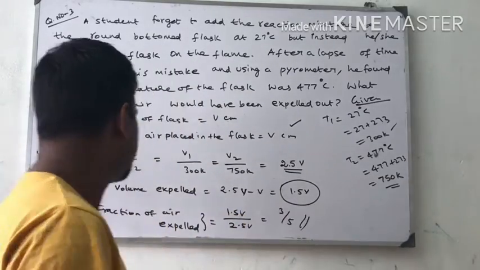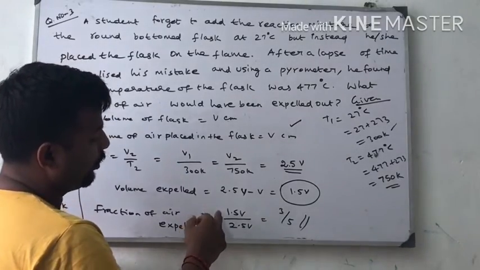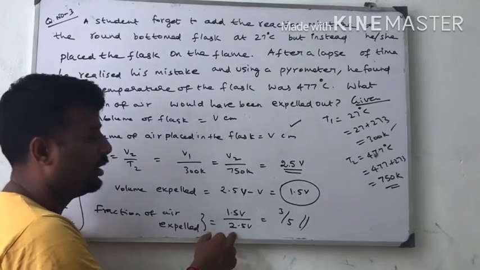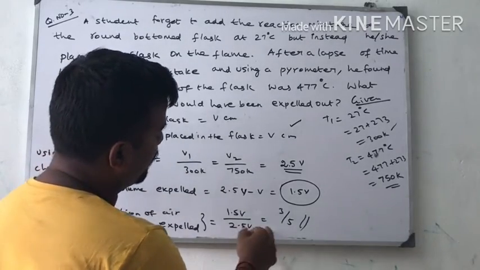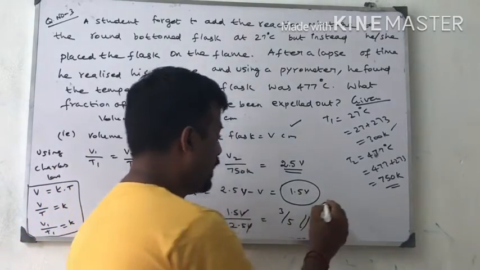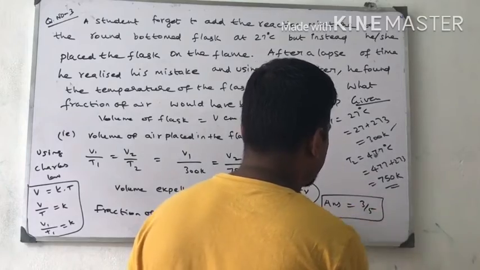The fraction of air expelled is equal to the 1.5 V volume expelled divided by the total final volume 2.5 V, which is 3 by 5. It's a ratio. The answer is 3 by 5. This is the answer ratio.